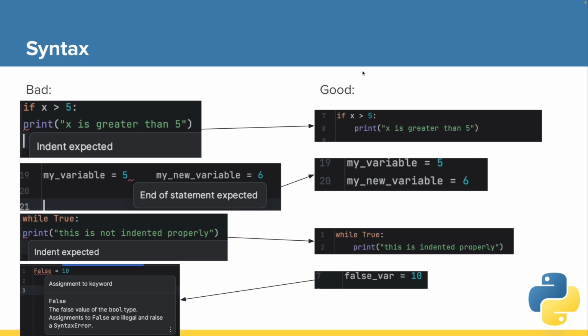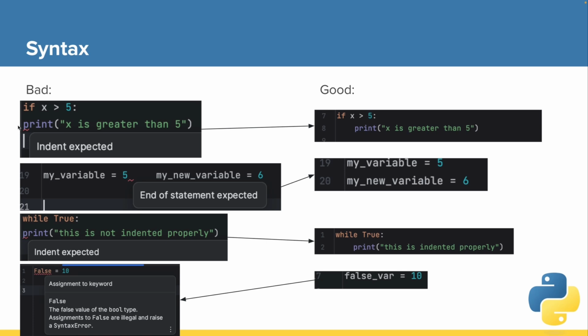And here are a few examples. We've got some bad examples on the left and some good examples on the right. Here over on the left, and I'm running these in an IDE called PyCharm, and I've screenshotted them, and we will actually use PyCharm later on in this course. But it does a great job at highlighting for us syntax errors and telling us what they are.